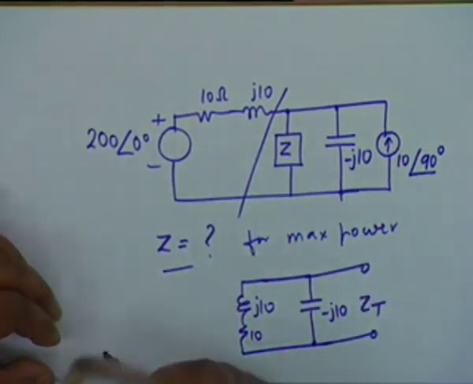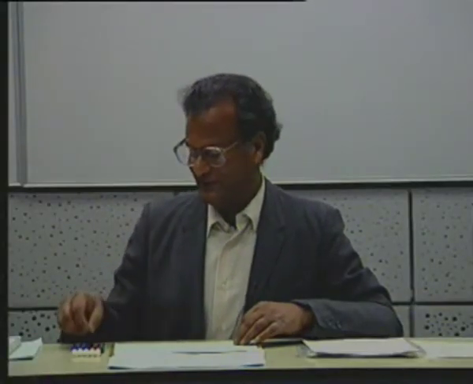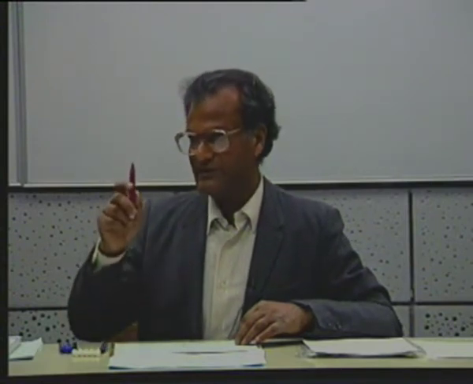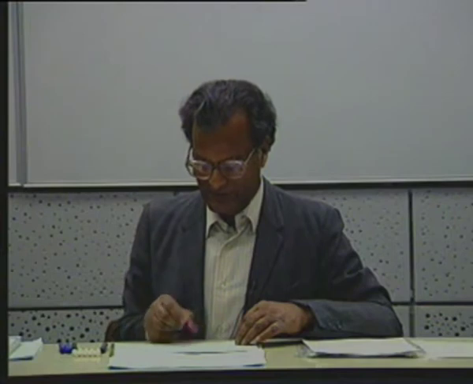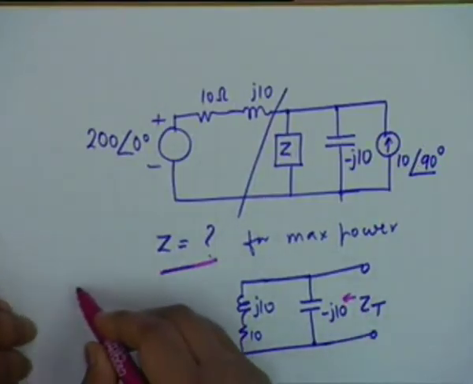Now if you think blindly, it is not an impossibility, but don't do so. Look at the problem carefully. You don't need to combine sources, because all that is asked is what should be the value of Z so that maximum power is absorbed. So you find out ZT.